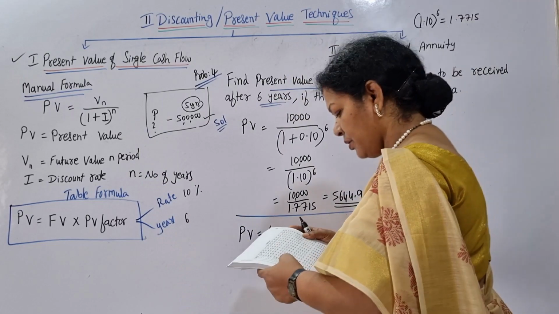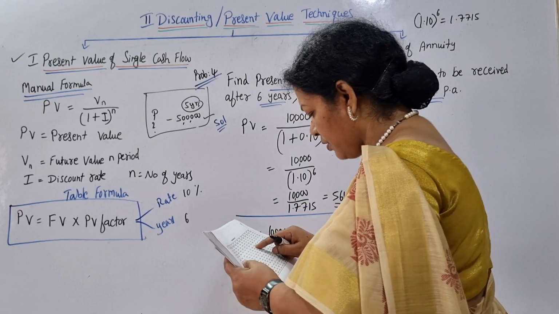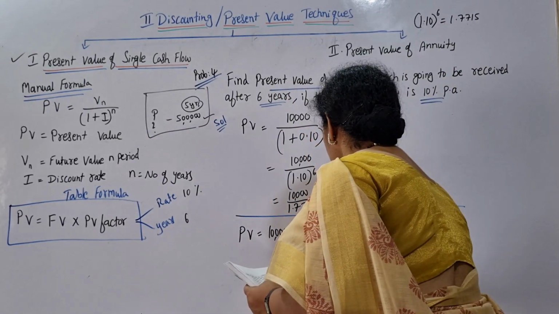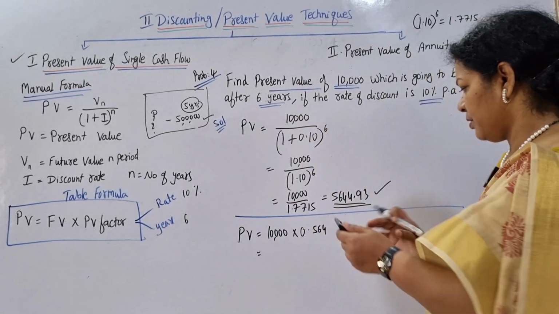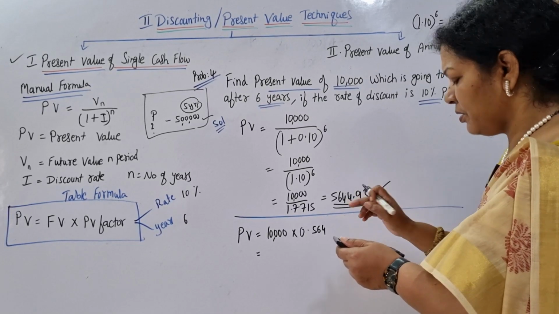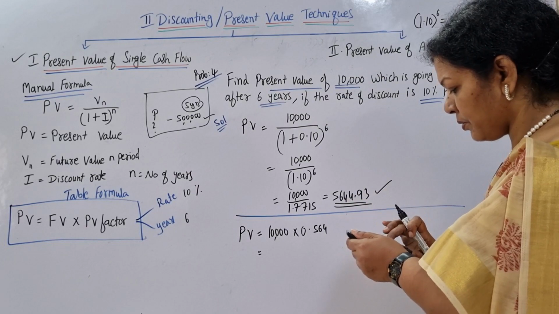So, 10%, 6 years, 0.564. Now multiply and see. 10,000 into 0.564.